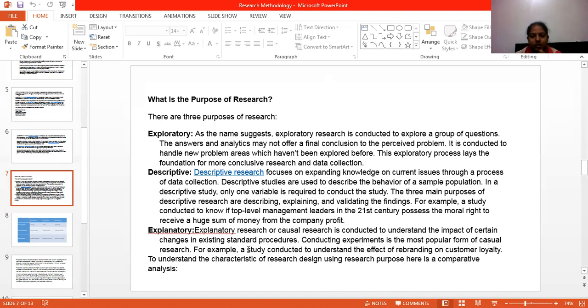For example, a study conducted to understand the effect of branding on customer loyalty. To understand the characteristics of research design using research purpose, here is a comparative analysis.